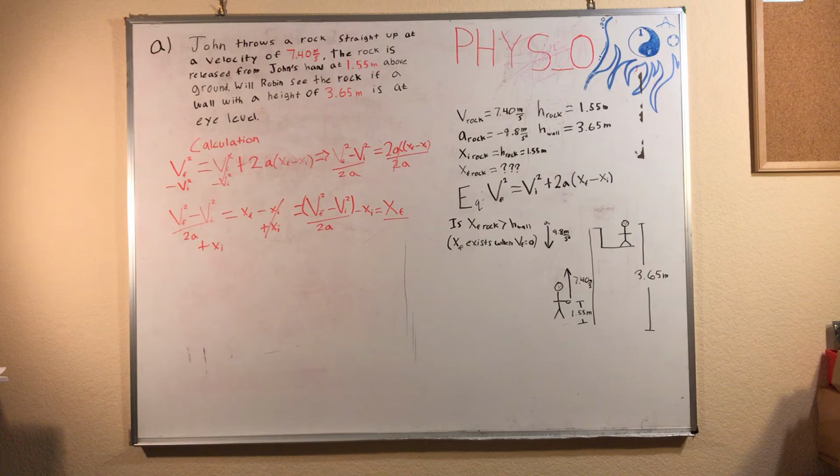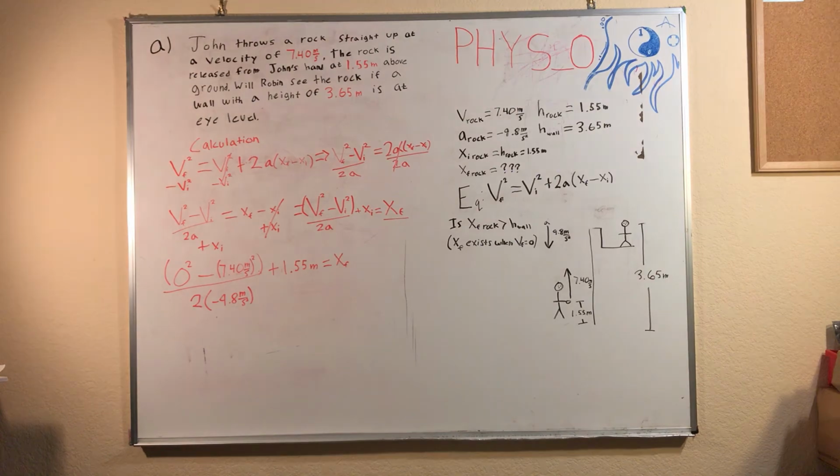We continue with 0 meters per second squared minus our 7.40 meters per second squared divided by 2 times our negative 9.8 meters per second squared, plus the 1.55 meters, which will all equal our final x distance.